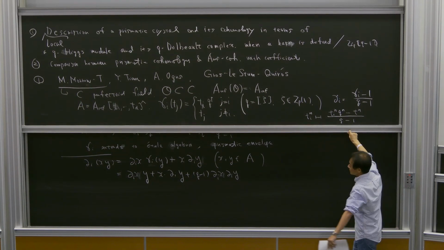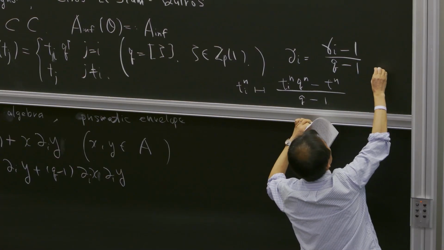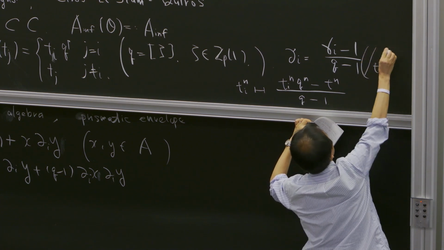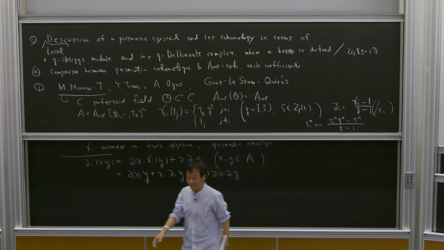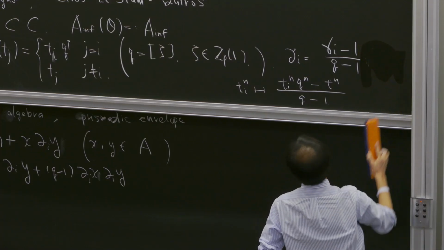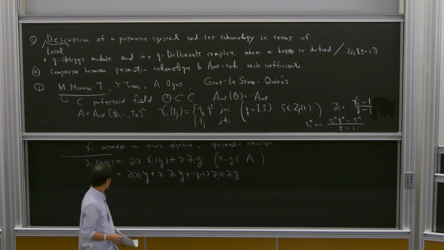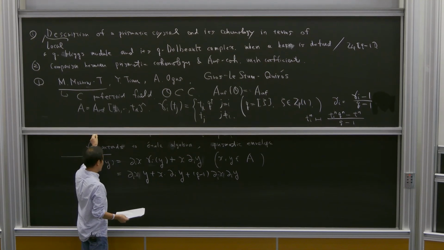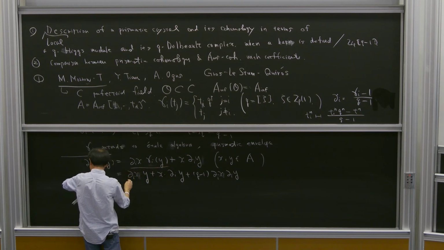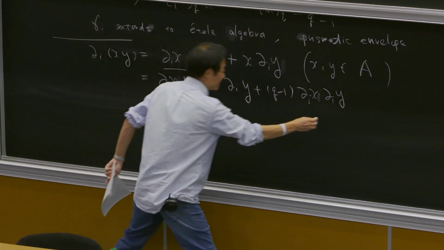If you want to have n minus 1, I have to divide by ti further, but I don't do that here. Is it okay? Yeah, this term is something like the sum of this one and this one.